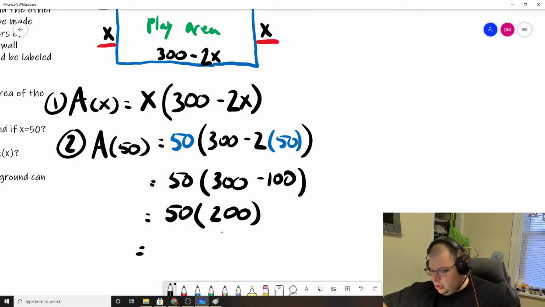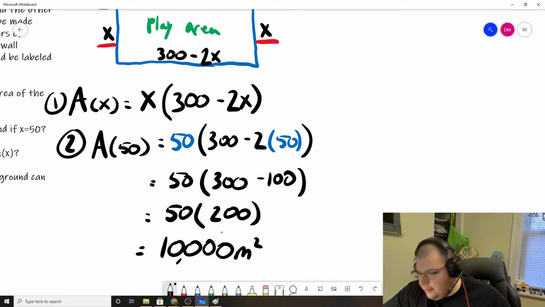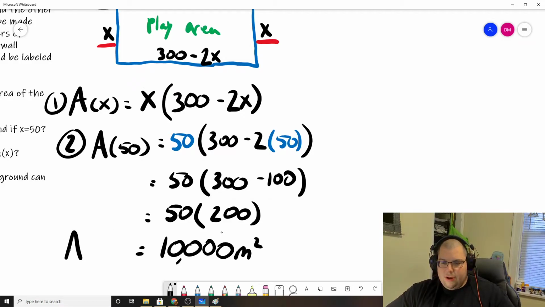And now I need to do that multiplication of 50 times 200, which gives me a whopping 10,000 meters squared of area. So that is the answer for number 2.